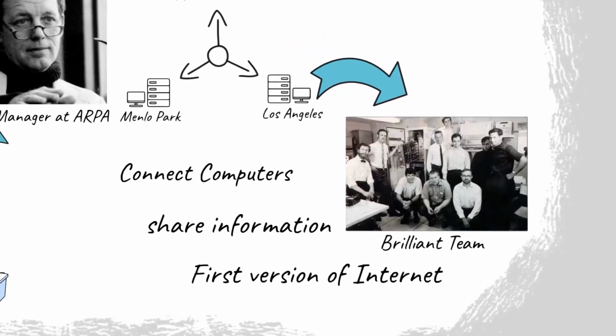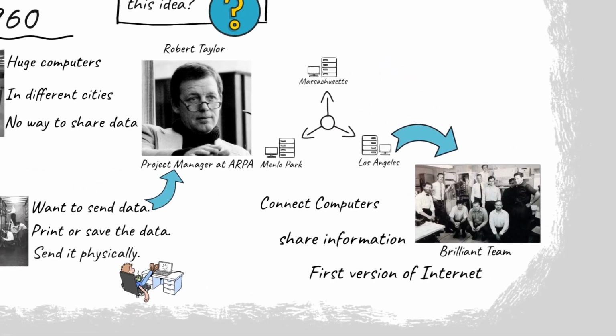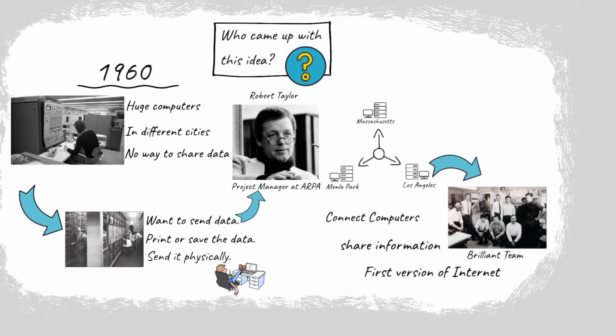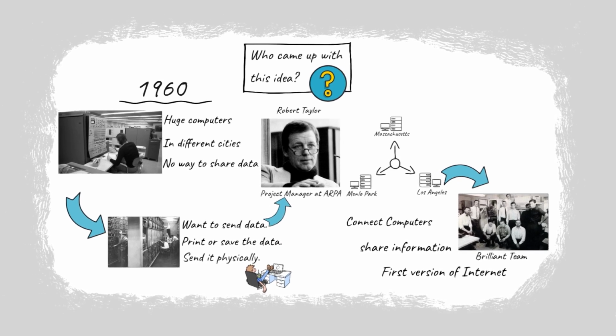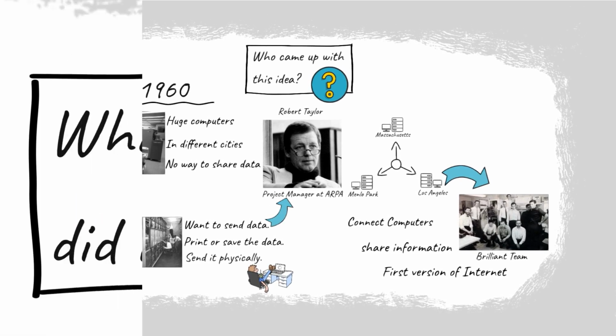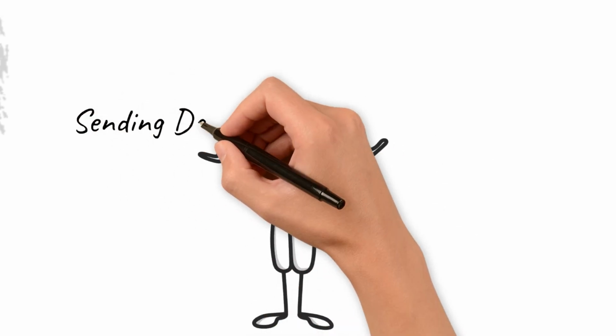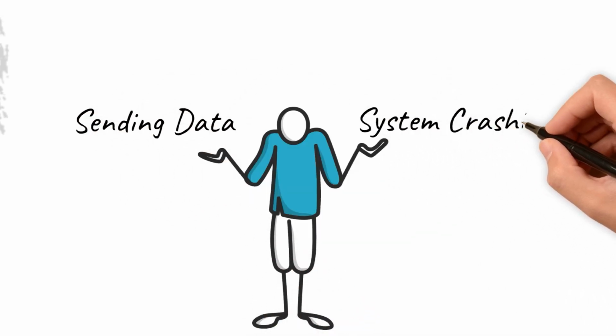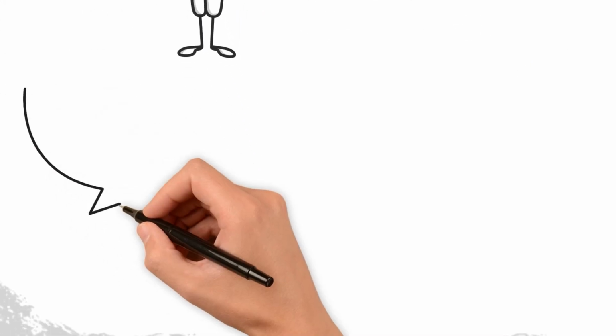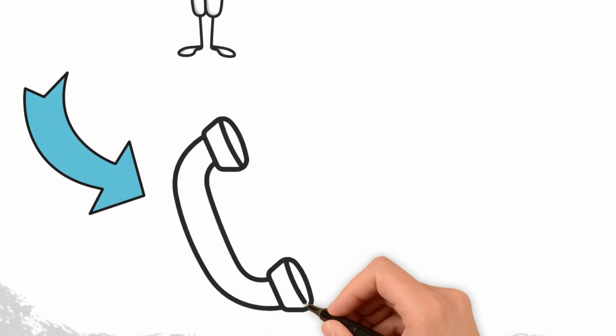But hold on. Connecting computers wasn't as simple as just plugging in some cables. There was a big problem that needed solving. Let's talk about it. Alright, so now computers were connected, but there was a huge issue. How do we send data between them without crashing the entire system? Back then, networks worked like telephone calls.